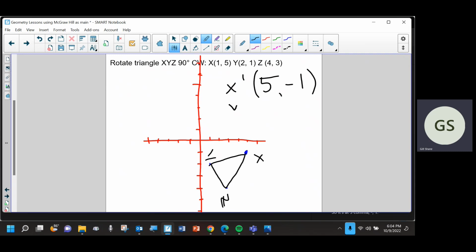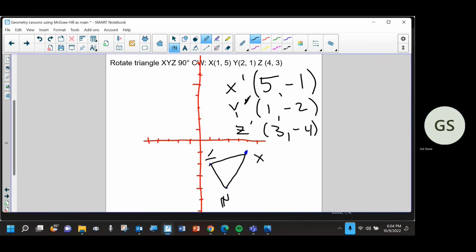My Y prime is exactly where this point is for Y, which is at 1, -2. And my Z prime is exactly where the Z is down there at the bottom. It is at 1, 2, 3, and -1, 2, 3, -4. So 3, -4. And that is my new set of points, my new image.